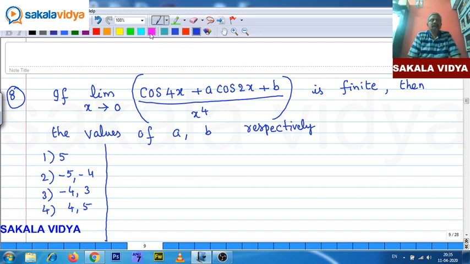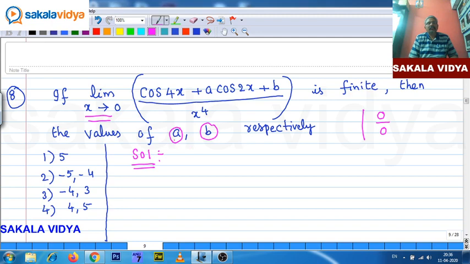So, now limit x tends to 0, cos 4x plus a cos 2x plus b by x to the power of 4 is finite. Then the values of a and b we need to find out. Here it is a finite value, which means if we put x equal to 0, it must be in the form of 0 by 0.